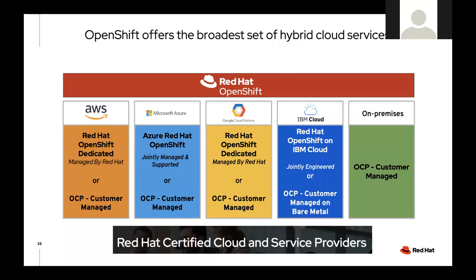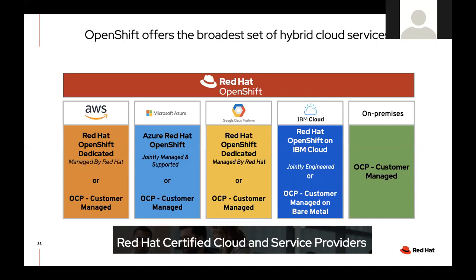Discussing in more detail the Red Hat OpenShift hybrid cloud deployment options, as you can see here, it is available on most of the public cloud providers, the big scalers, if you like. So we have Red Hat OpenShift on AWS, available both as a dedicated platform managed by Red Hat, or we can offer it as a platform managed by both Red Hat and AWS, or you can deploy it as a customer managed deployment.